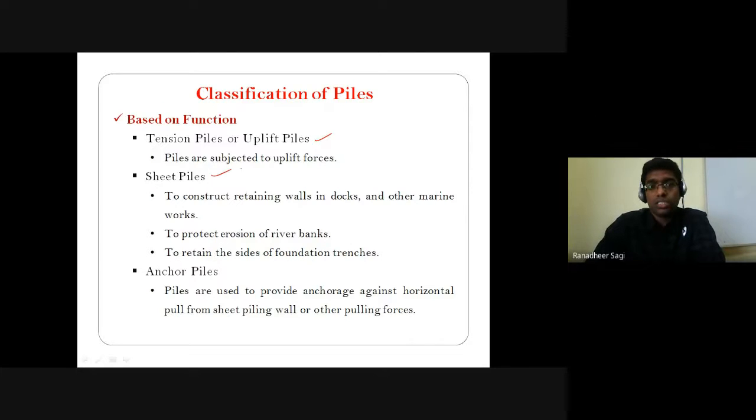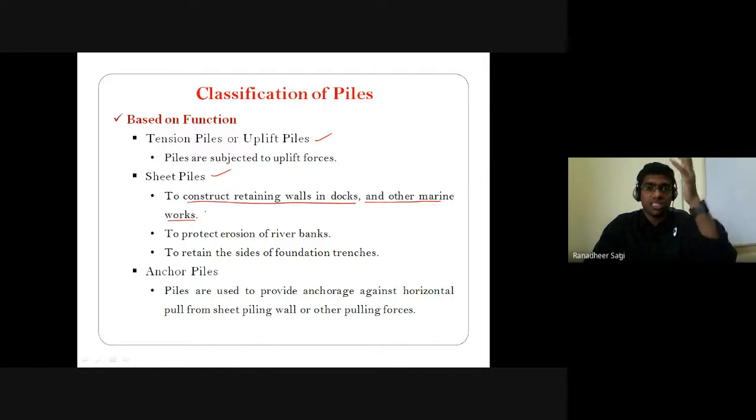Sheet piles. These are typically steel sheets, though they need not be steel. They can also be plastic sheets or fiber sheet material, which are used in the construction of retaining walls at dockyards or dockyard structures and other marine regions where you have water bodies.